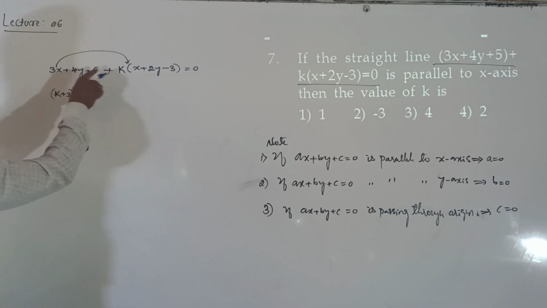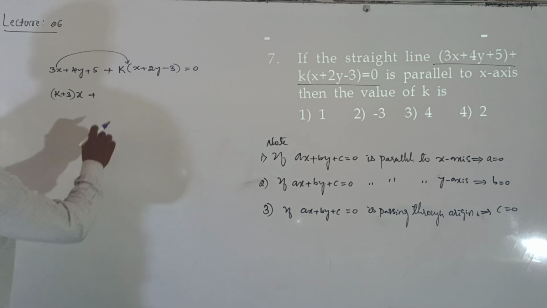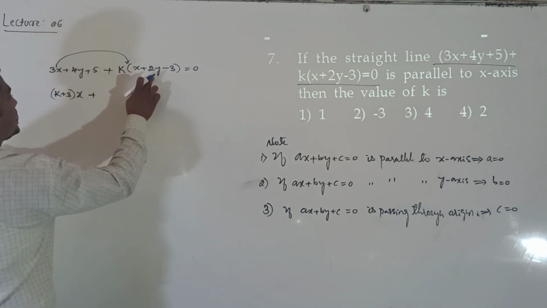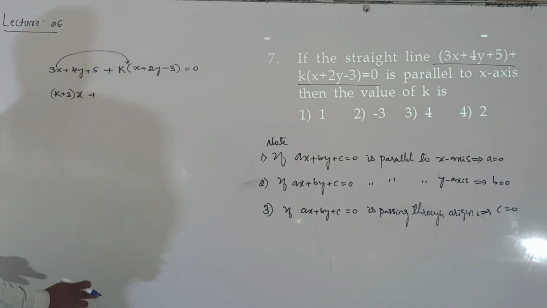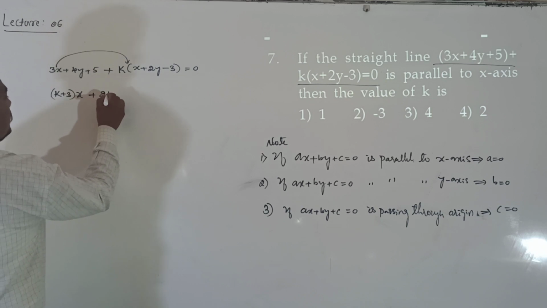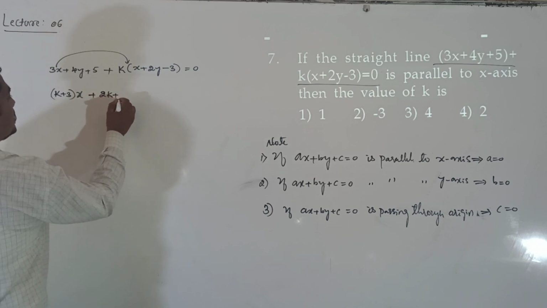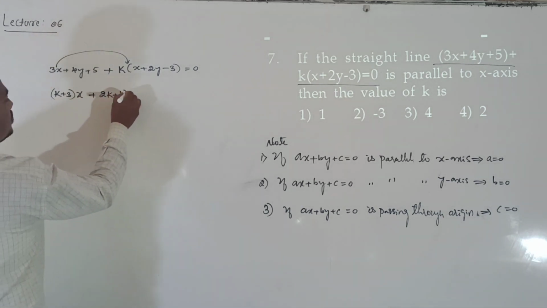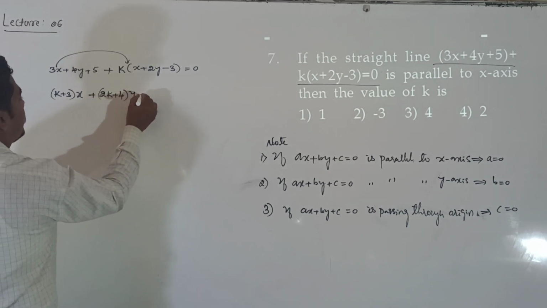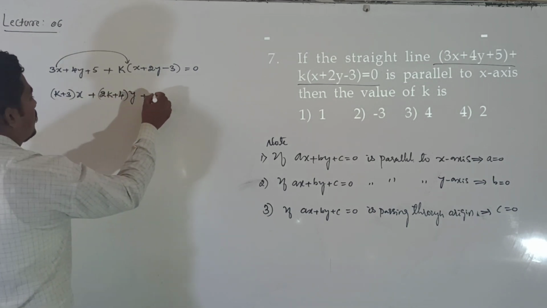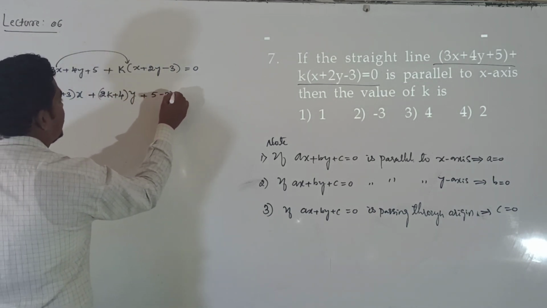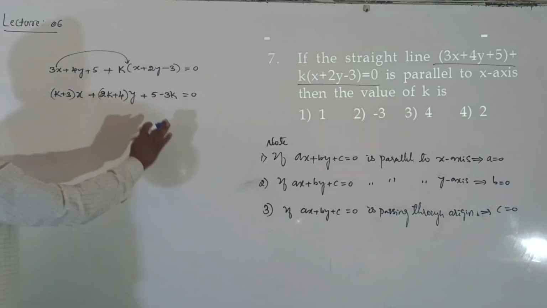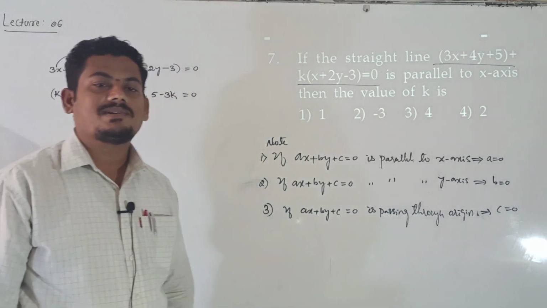kx, 3x, x common, then k plus 3 into x, 4y plus 2ky. If you take y common, then it will be 2k plus 4 into y plus 5 minus 3k equal to 0. Now it is like ax plus by plus c equal to 0.